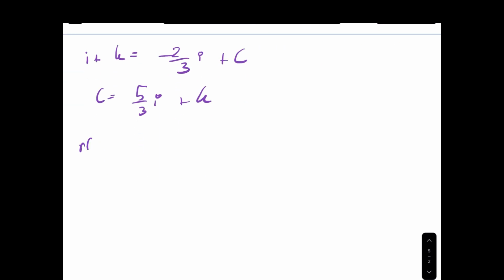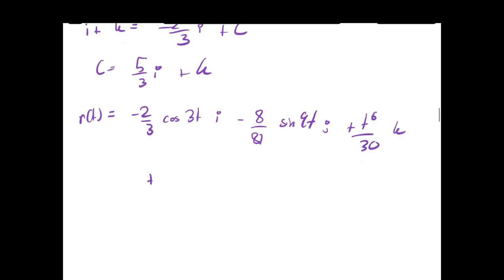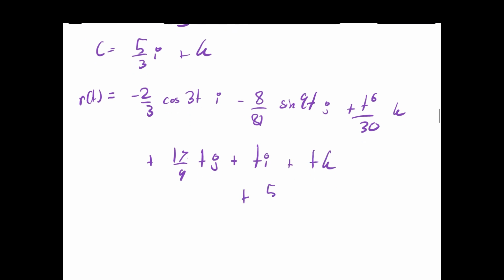And so finally, R at t will equal negative 2 over 3 cos 3t I minus 8 over 81 sine 9t j plus t to the 6 over 30 k plus 17 over 9 tj plus ti plus tk plus 5 over 3i plus k.